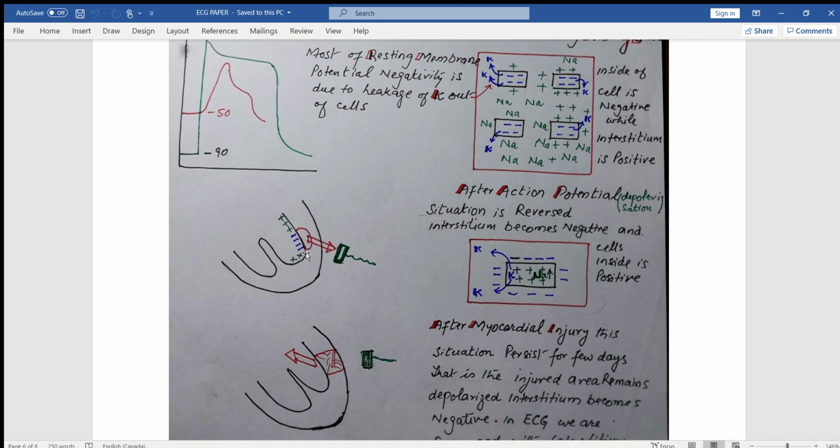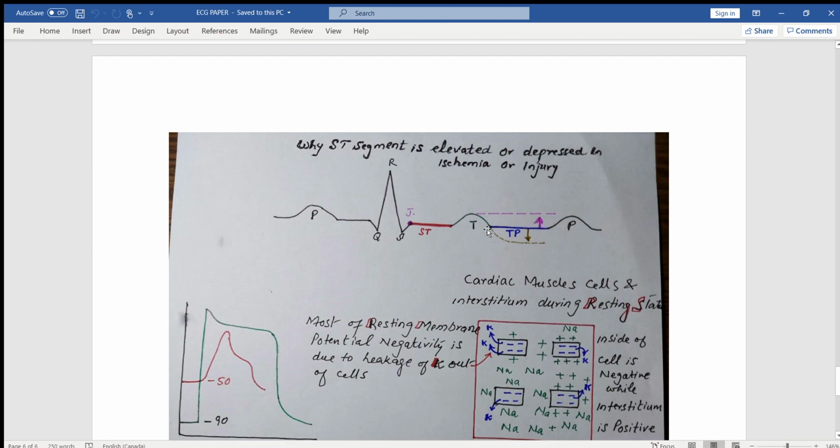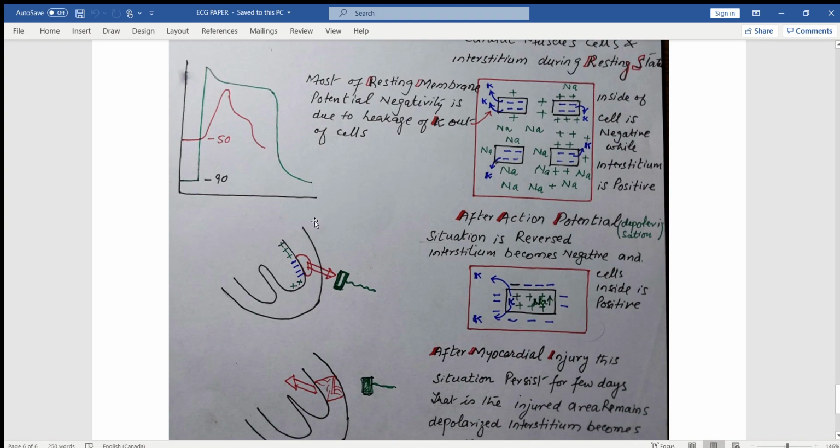But when the heart is repolarized, when we reach this segment, the T segment, this is the area where the heart has been repolarized. The whole heart is repolarized, but the injured area is still depolarized.